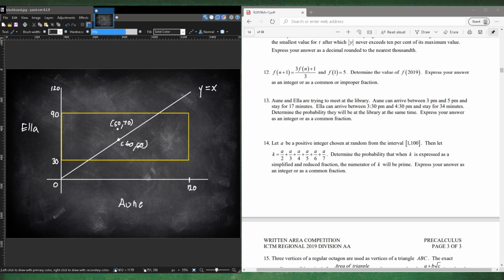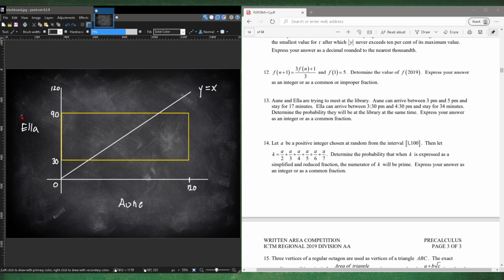On arrives 60 minutes later and Ella arrives 70 minutes later, so On arrives first. This tells us that the area above the line is when On arrives first, because then she could wait for 17 minutes. If Ella arrives first, which is the bottom section, then On will wait for 34 minutes. So we can split this up into parts and see how this works.